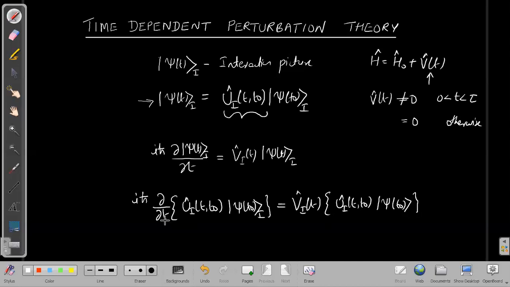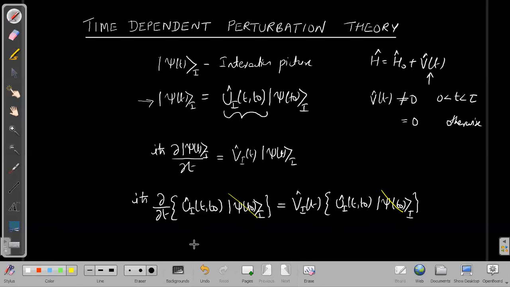Here the derivative is with respect to t, so psi of t0 in the interaction picture can be taken as a constant. The equation becomes i h-bar dou U_I by dou t times psi of t0 equals V_I U_I psi of t0. Basically, psi of t0 cancels, as it is present on both sides.